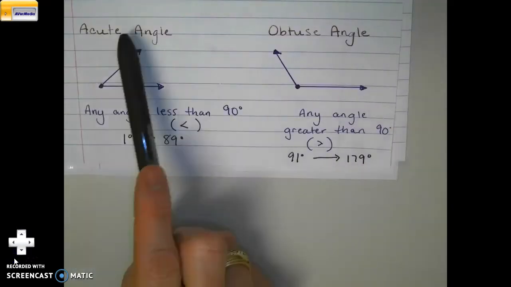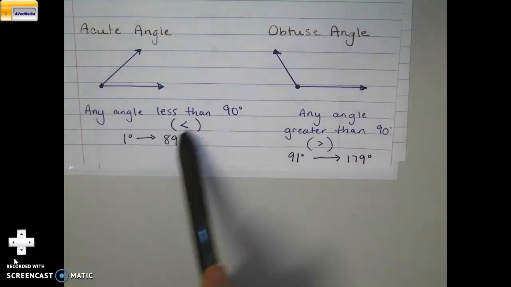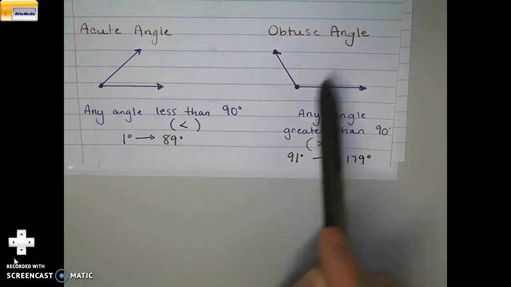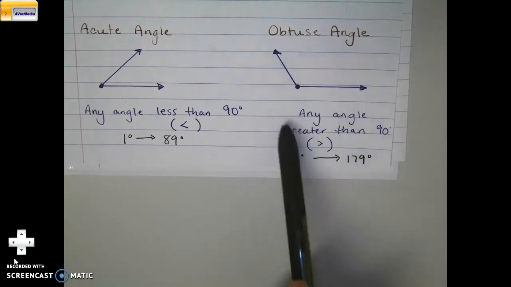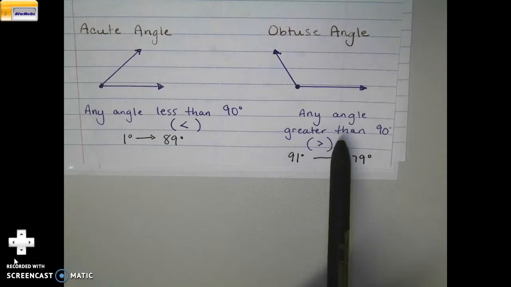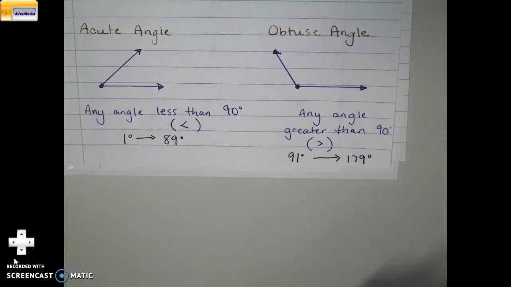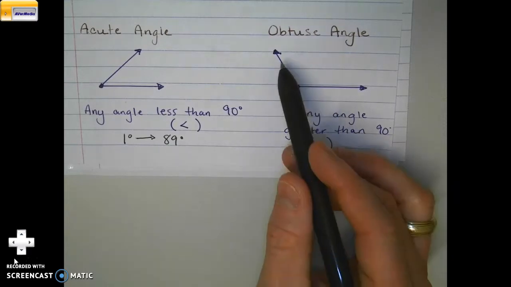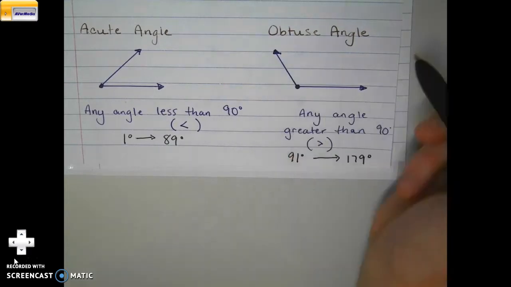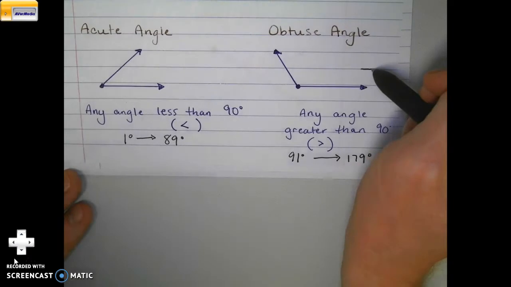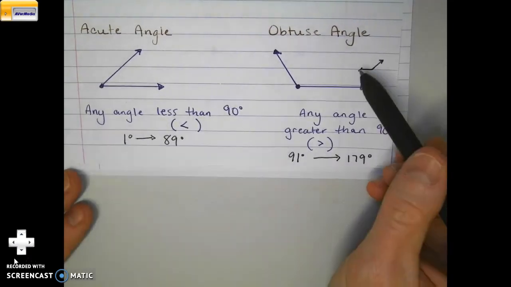So again, an acute angle is anything less than 90, between 1 and 89 degrees. An obtuse angle is any angle greater than 90 degrees, 91 to 179. Now remember, the angles can open up this way, or even this way. It doesn't matter which way they open up.